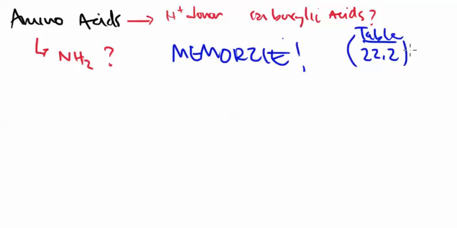Yeah, I said memorize the structure for 20 of them. So table 22.2 will list the 20 amino acids that are going to be very important. Now, hopefully we'll make your job a little simpler because we'll look at all of the common things that these amino acids have that do not change, and we will only focus on what we call the side groups that change.